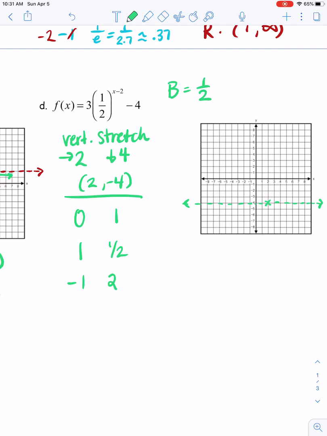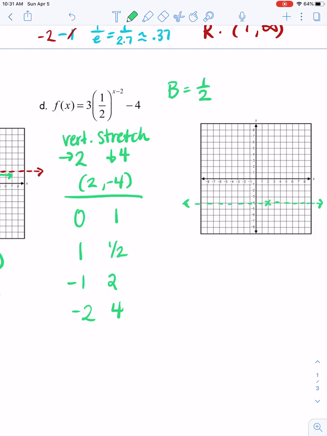Okay. I'm also going to incorporate, let's say, -2. -2 would give me a 4. Okay, and you don't have to add that in, but I'm trying to think about where can I plot another good point to get a good visual of this graph, make it a little bit more accurate, okay?